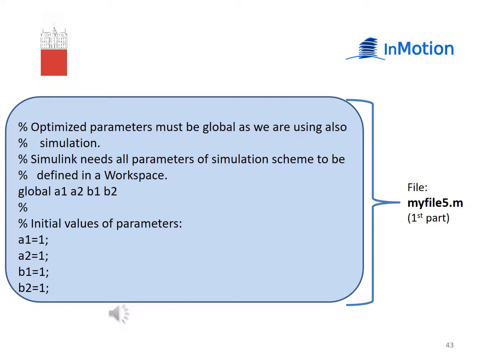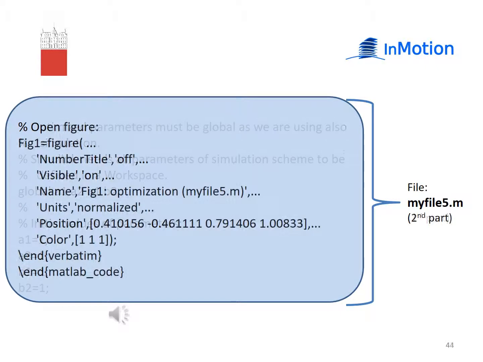Regarding the optimization method we are going to use, also initial values for the parameters which will be optimized have to be defined. Let's open the figure next for the results presentation. Such presentation takes time but is illustrative.